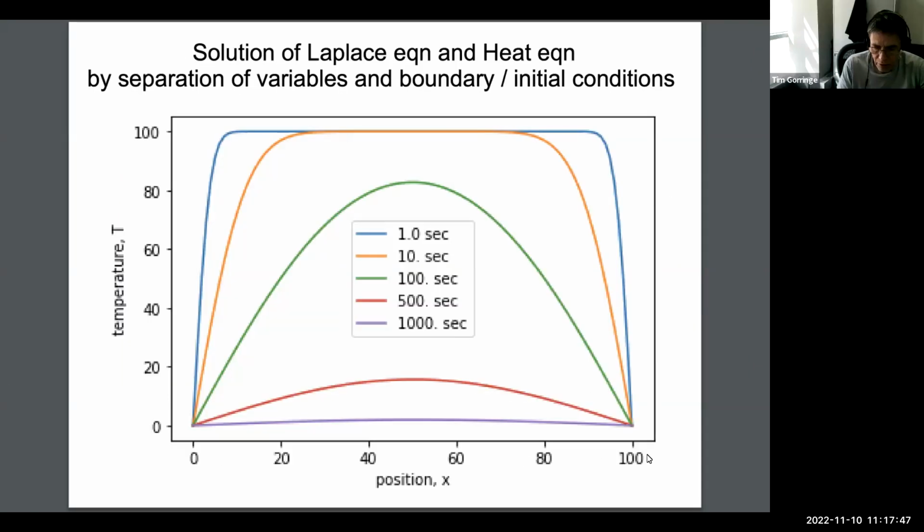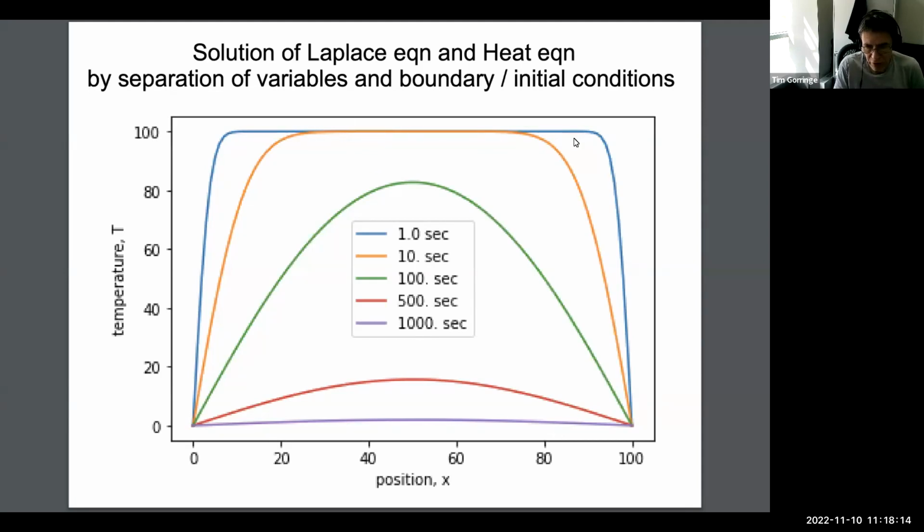So in this graph, I'm plotting a solution to the heat equation for the long steel bar dropped into the water as a function of time. Horizontally, I've got the position along the length of the steel bar from 0 to 100 here. And then vertically, I'm plotting the temperature from 0 to 100 degrees Celsius.